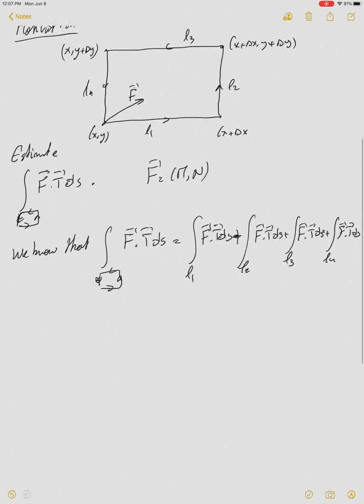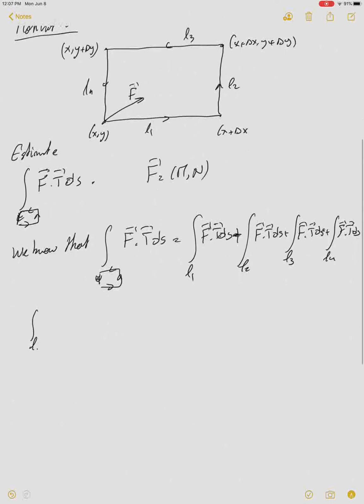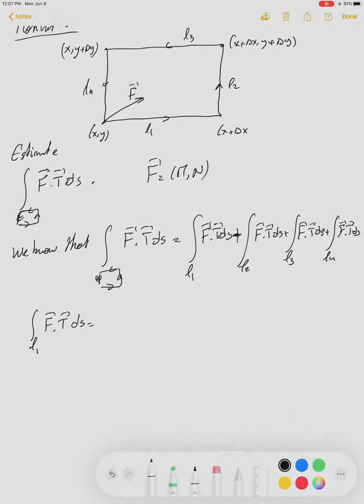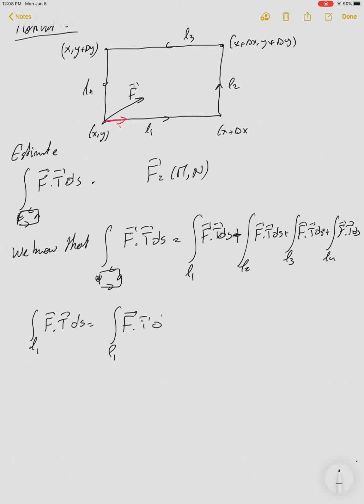Now about L1, the integral over L1 of F dot T ds. What is the unit tangent vector to L1? It's a straight line, and I want it unit, so this will be the vector i. So this will be the integral over L1 of F dotted with i ds.